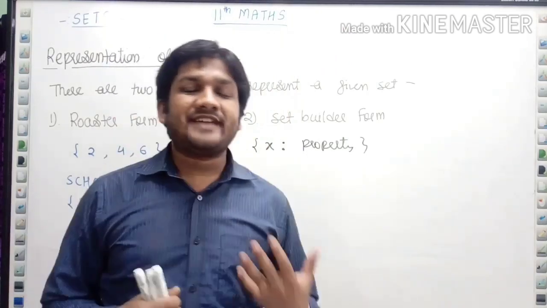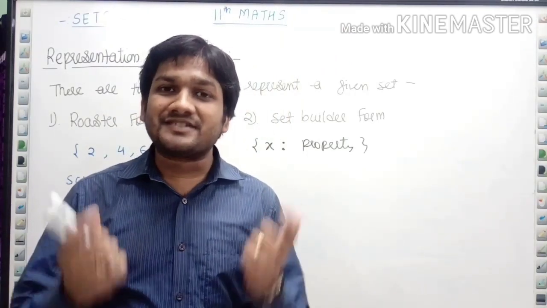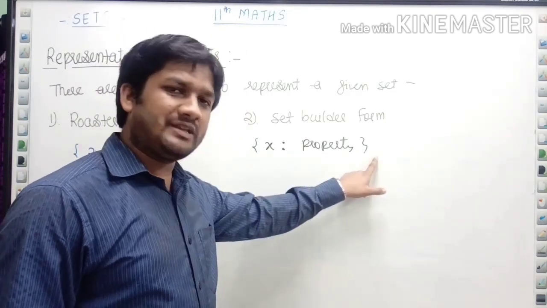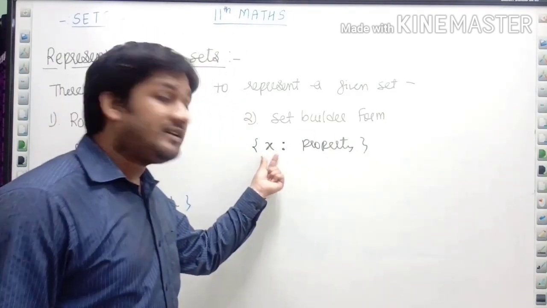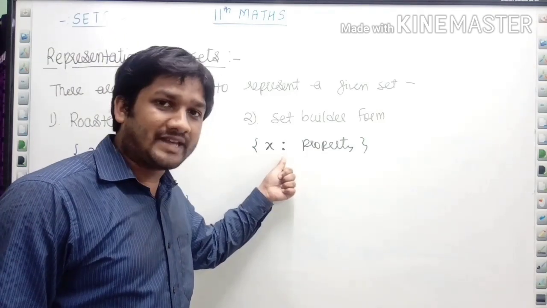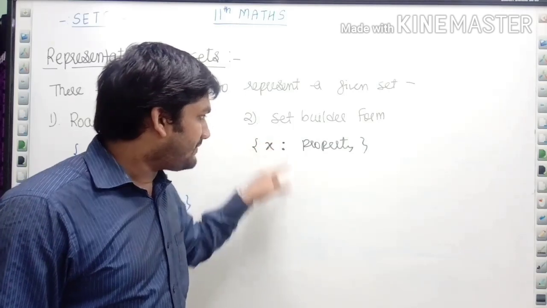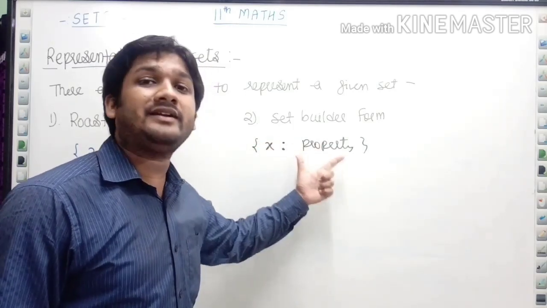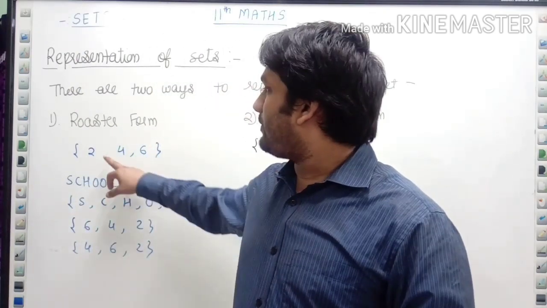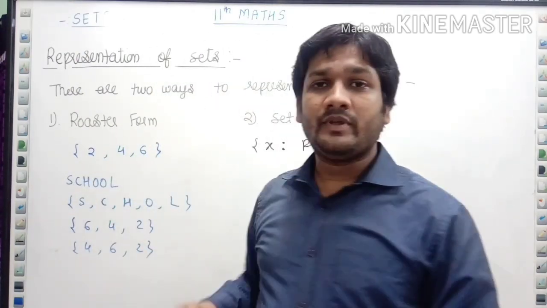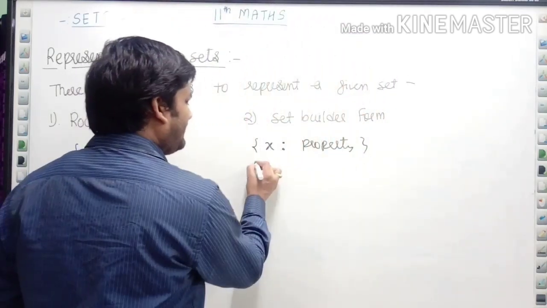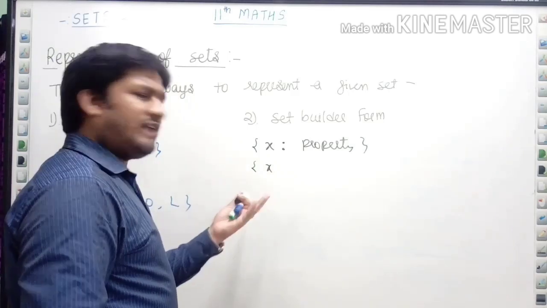Now to describe set builder form, first understand the structure of set builder form. In set builder form, obviously we write the elements in braces. The first thing we write is the element, then the colon sign, two dots, and third is the property that it possesses. If I want to write this set in set builder form, then I will write x, I can also write any alphabet.